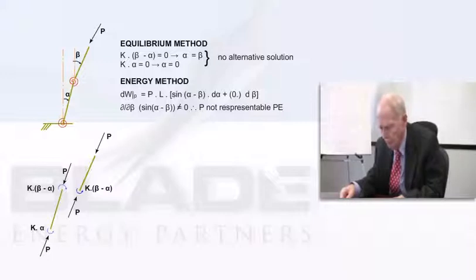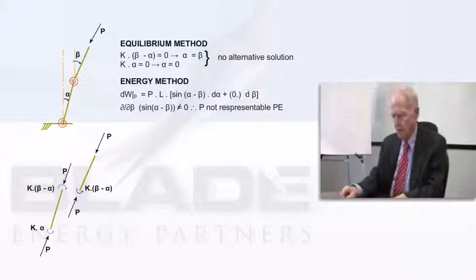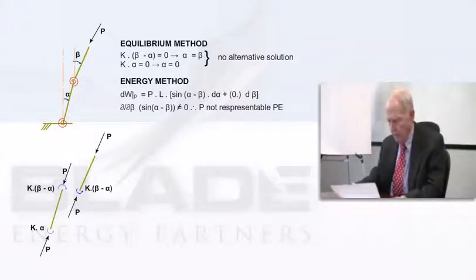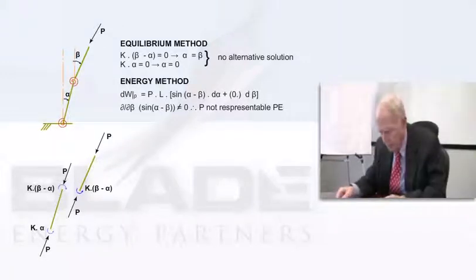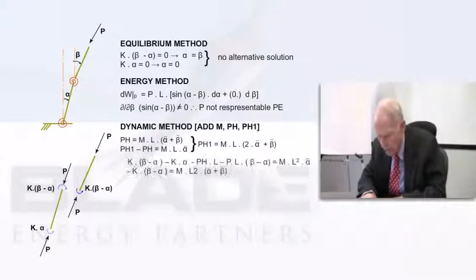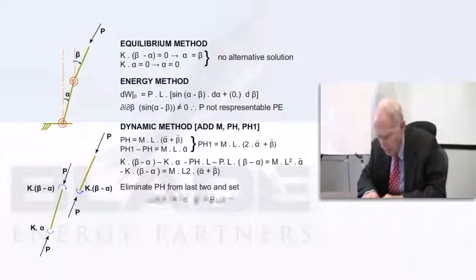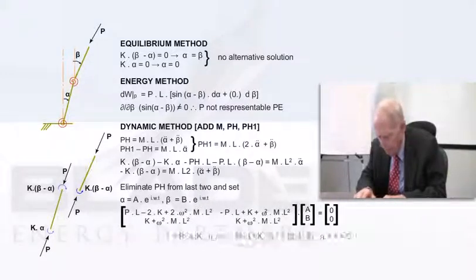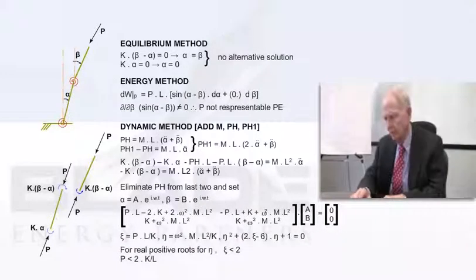In the dynamic method, you can write your equations and go through pretty much the same thing as we went through in the earlier problem. And I end up then with this dynamic method with this pair of equations, and the equations are given there as, with the a and b equal to 0.